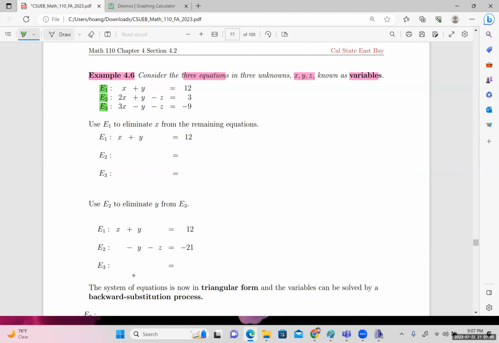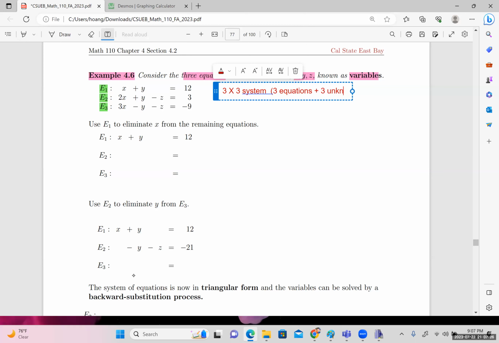And I call this a 3 by 3 system, since we have 3 equations with 3 unknowns, 3 variables.